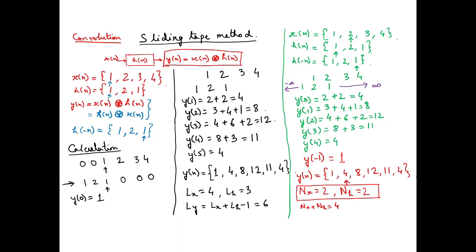Then we perform the DFT of x(n) and h(n), which are the input and the impulse response. Then we multiply both of these to get the output in the frequency domain. Then we perform the IDFT, right? So this is the whole method we use to find the output of any given LTI system.